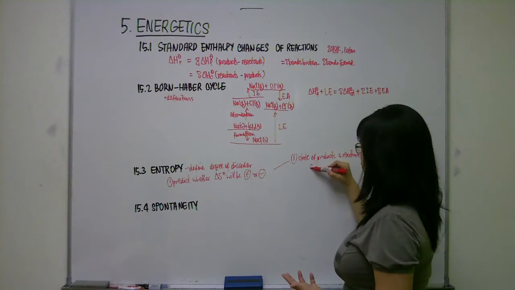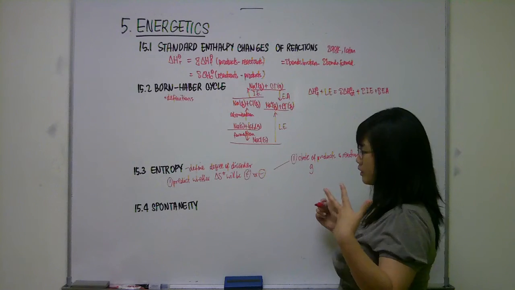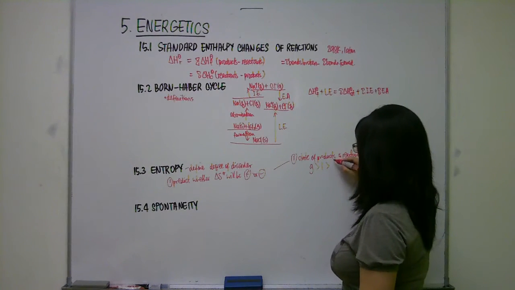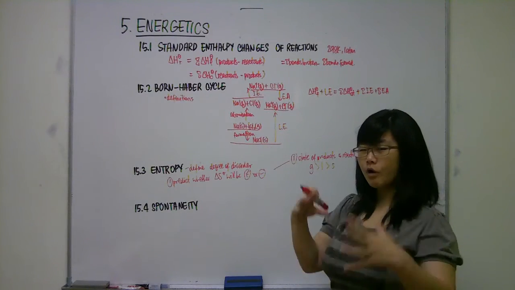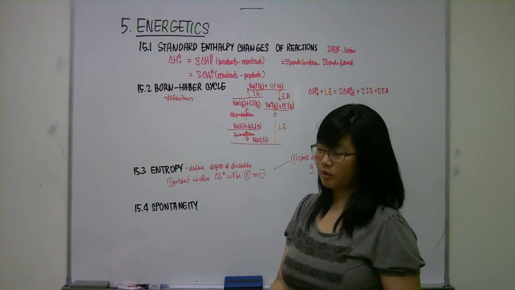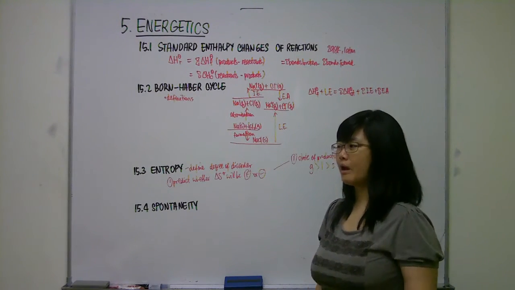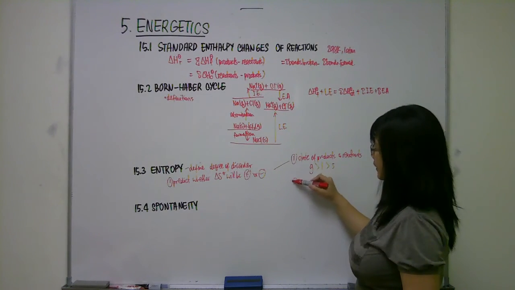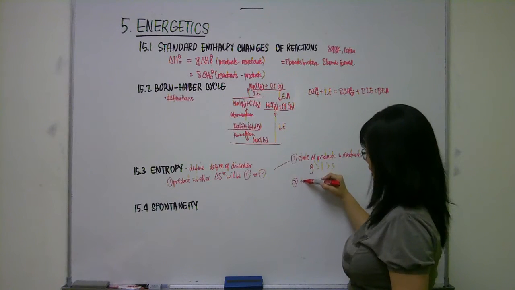Students need to know that gaseous molecules will have greater entropy than the liquid molecules and then the solid molecules. So if you have more gaseous molecules in the product than the reactant, then you will have an increase in entropy for the reaction.